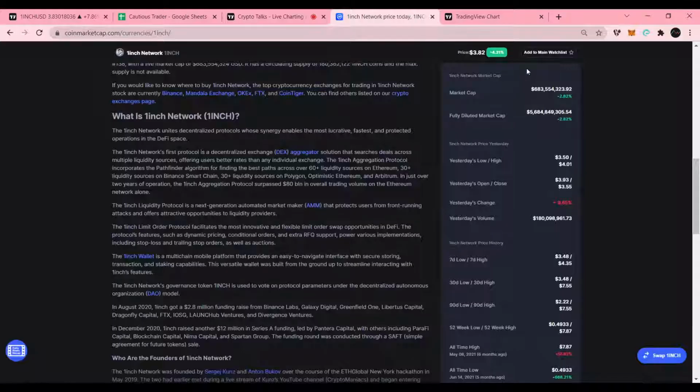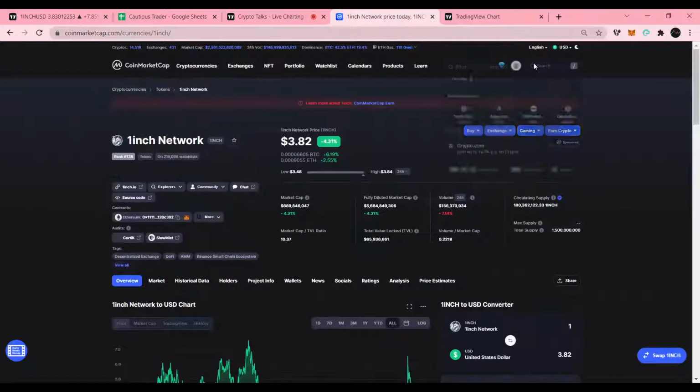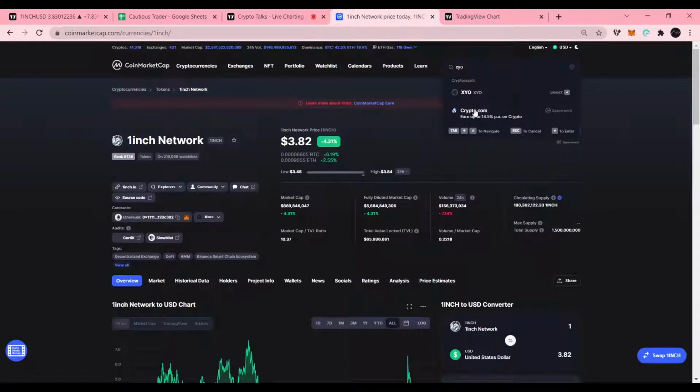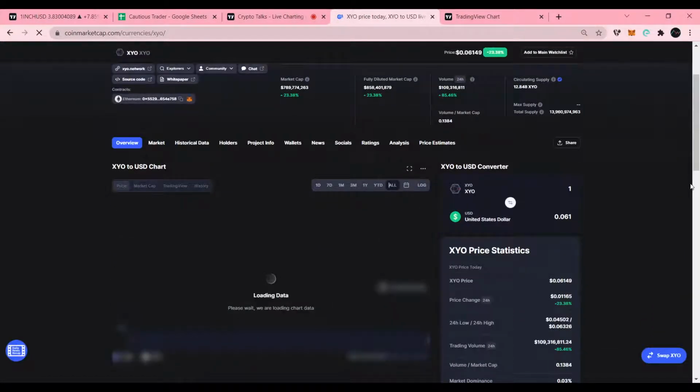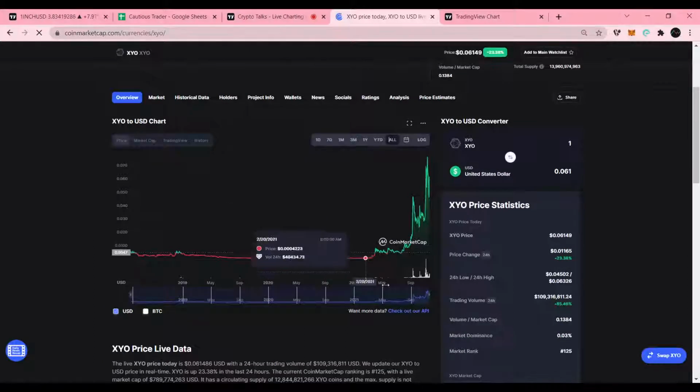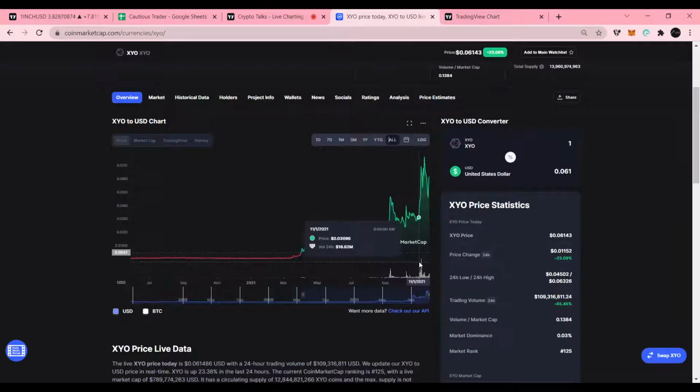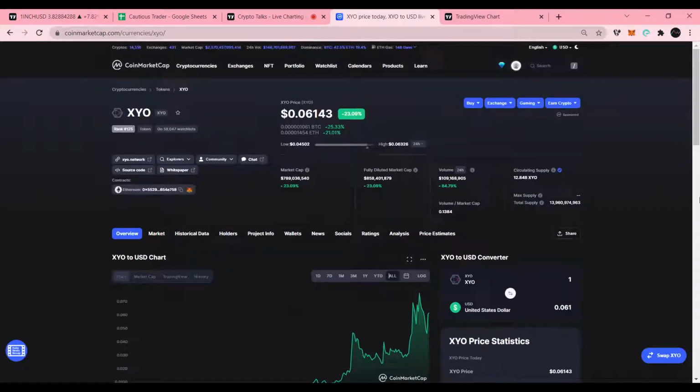XYO, what happened to XYO? Actually, I don't have this. I think there's no perpetual here, so I'm not trading this one. But as you can see, there's been a lot of volume surge at this area.